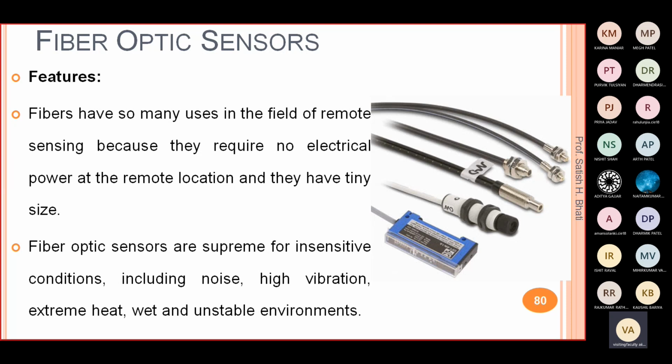Not completely, though. Definitely, to operate this LED or laser you need the power, right? But that is only when you are generating the signal, right? Only at that time.